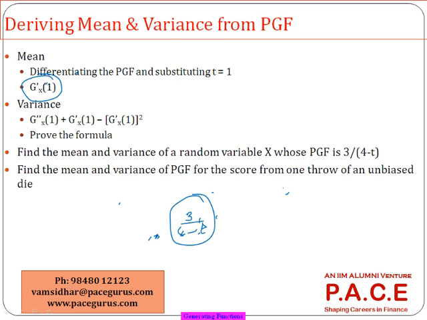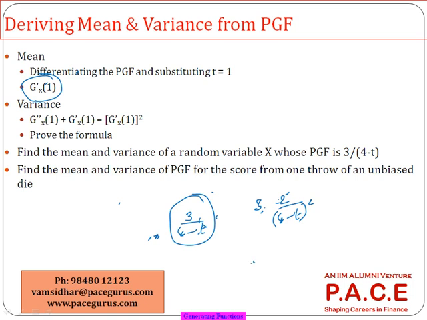But we are not doing an integration now, we are taking a differentiation. So which is becoming 3, I am taking out, 1 by x is nothing but minus 1 by x, which is nothing but minus 2 by x squared. So which is becoming minus 2 by 4 minus t.